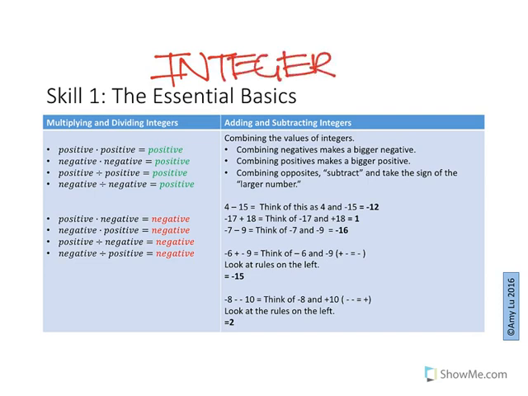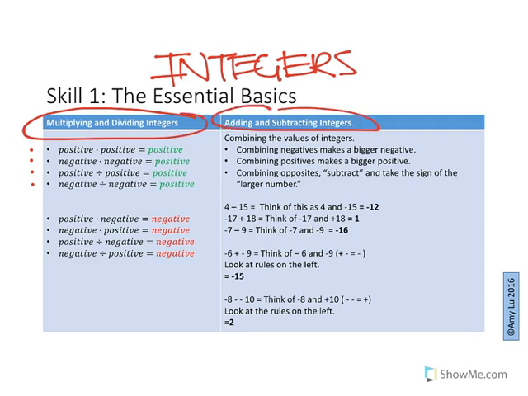Remembering what happens when we multiply positive numbers with positive, negative and negative, positive and a negative, and negative and positive, when we divide, and so forth. So there's two sets of rules, one for multiplying, one for adding and subtracting, and they do two different things, so be careful to not mix them up.